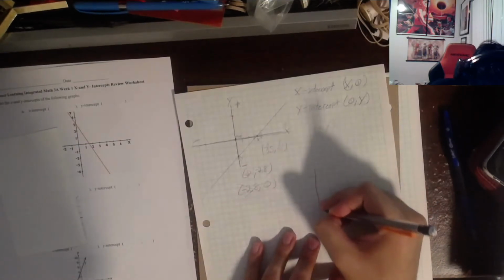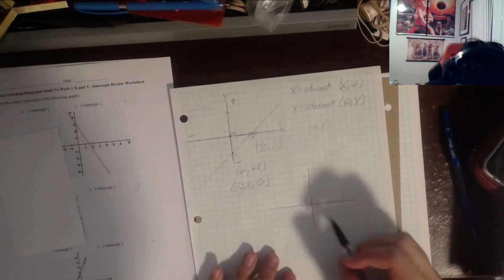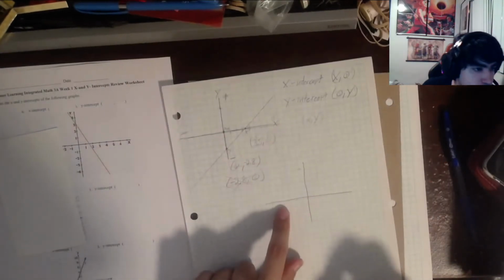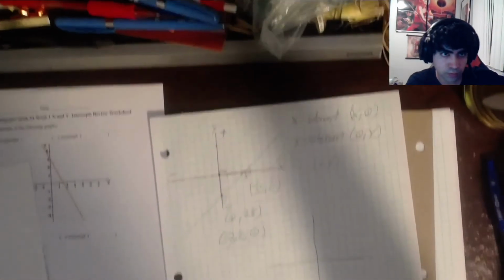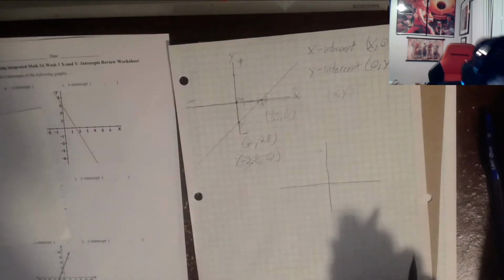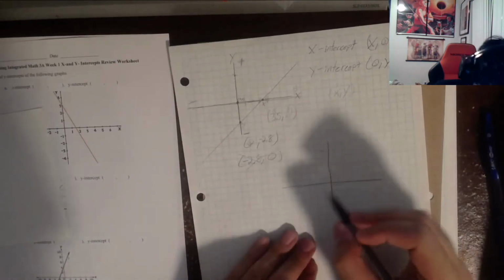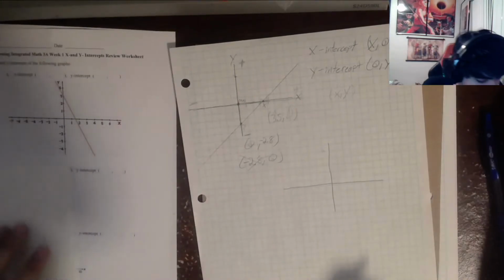Let's draw another one. Let's see if I can move it closer. Hopefully it's a little bit closer. Yeah, we'll make do. I'll do a better job in the next video.